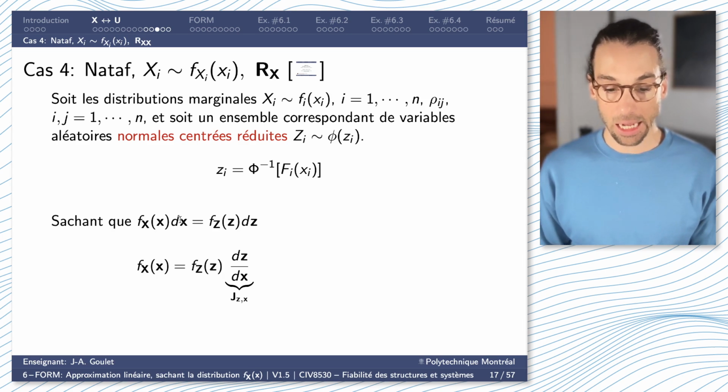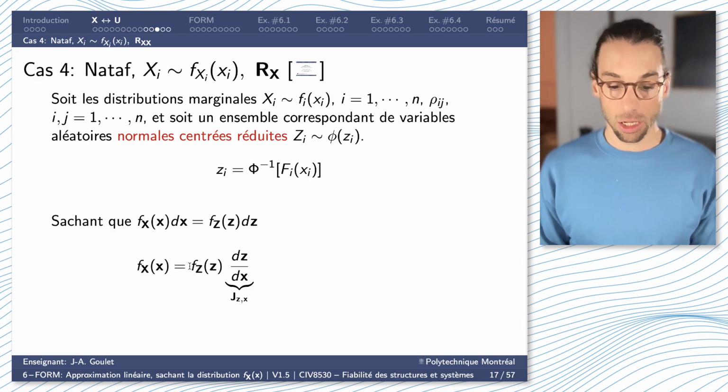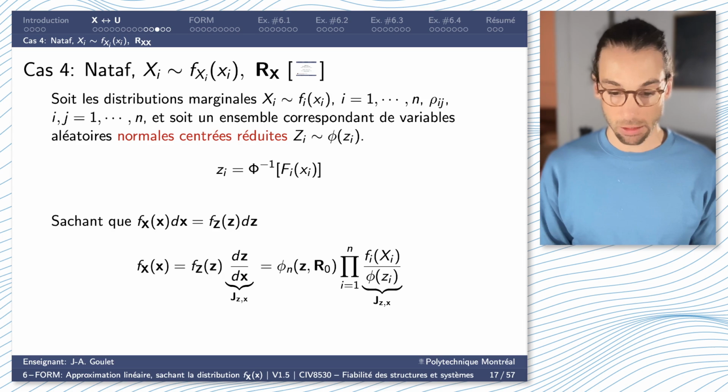If I send dx to the right-hand side, that tells me that the joint PDF I'm looking for is the standard normal joint PDF divided by dx/dz, or rather multiplied by dz/dx, which is actually the Jacobian of the transformation from z to x, the derivative of z with respect to x.